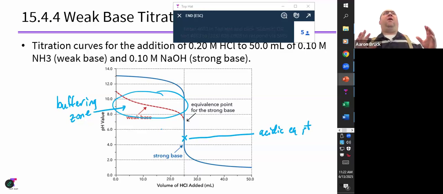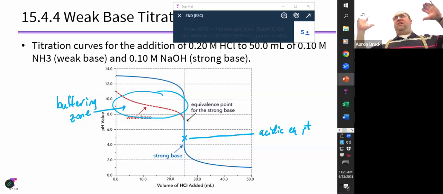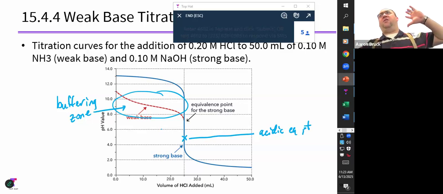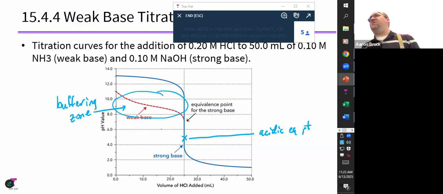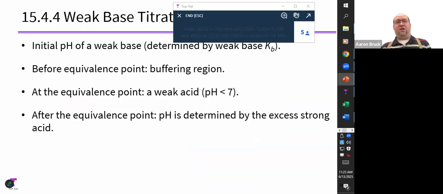But what we see are mirror images of the kinds of calculations that we have to do inside of these kinds of titrations compared to the ones that we just did. So the same 4 zones apply to a weak base titration as they did to a weak acid titration, just slightly changing the perspective because we're looking at a base instead of an acid.